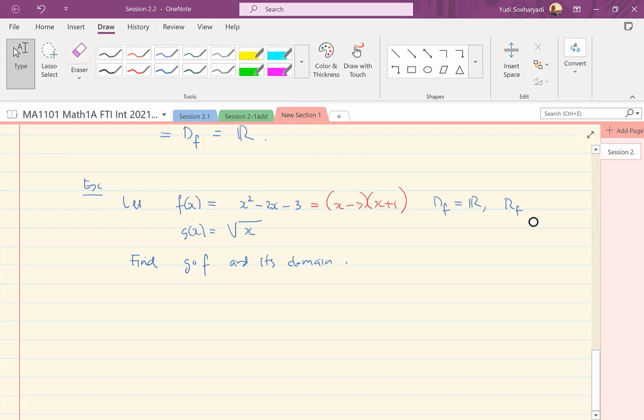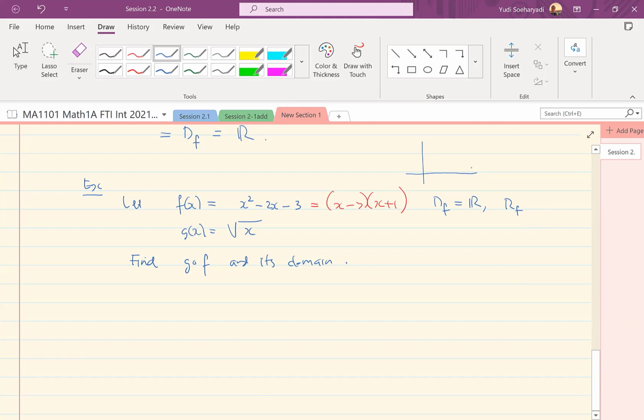Okay, so because let's see, we haven't talked about it yet. So just depending on what you learn in your high school, how does the graph of this f look like if you graph them? This is a square. Parabolic. Parabola. Yeah, there's a parabola. This is a parabola going upward.